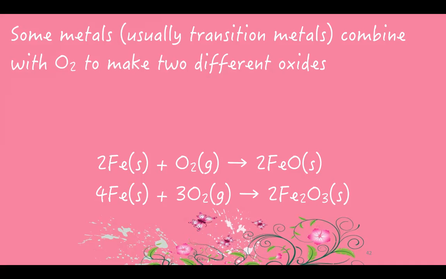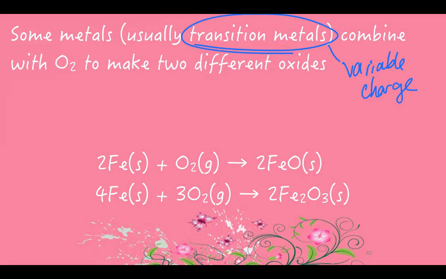This is because the transition metals have variable charge, which a couple of you forgot in the formula worksheet, the 6-page one that I gave you over the weekend, because when it came to the transition metals, you forgot to add the Roman numeral between the metal and the non-metal name to indicate the charge of the transition metal.